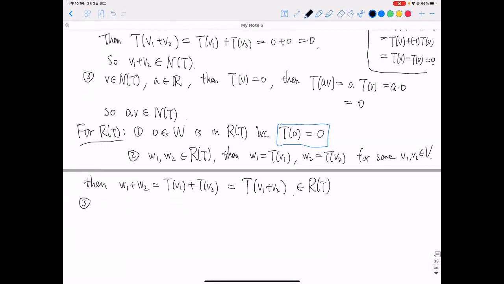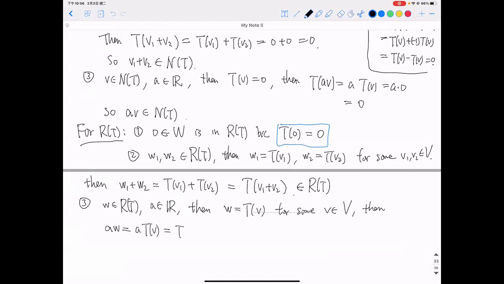Okay, and finally, if you have W in the range of T and a scalar A, this means that W is of the form T of V for some V in V. Then A times W is A times T of V, which again by linearity is T of AV.